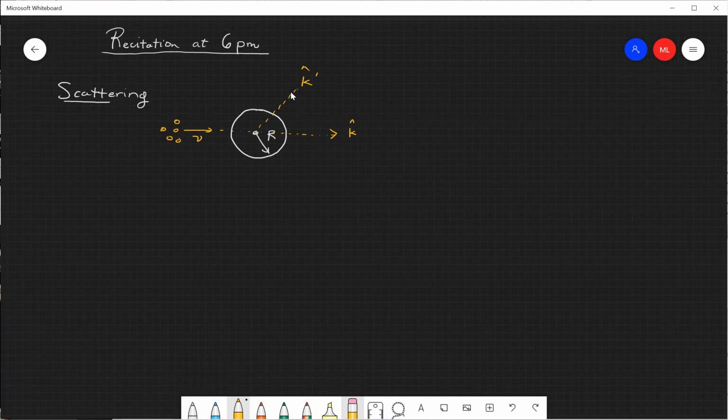You want to set up your coordinates such that the incoming beam is parallel to z, so that this angle here, theta, is the same as the spherical angle that we would normally use in spherical coordinates. So this is a convenient way of parameterizing things.